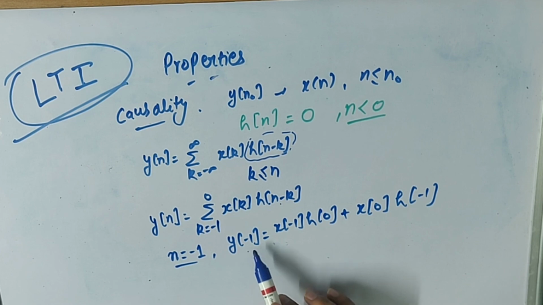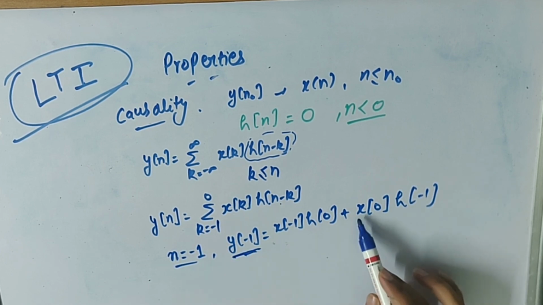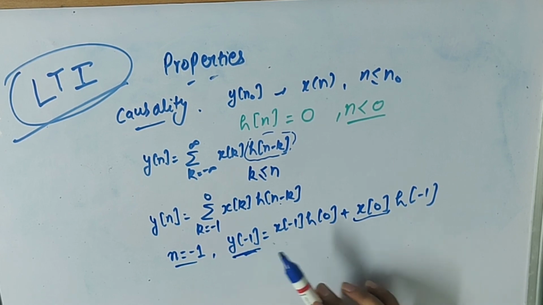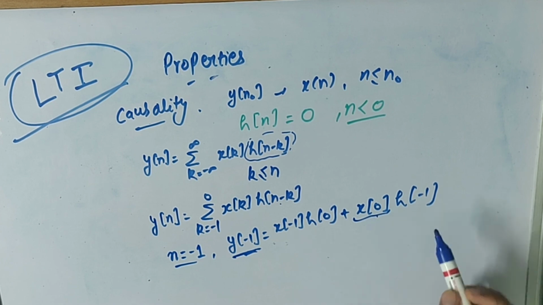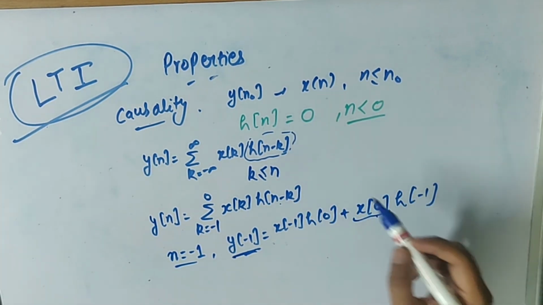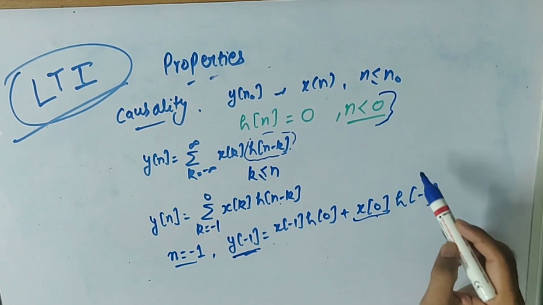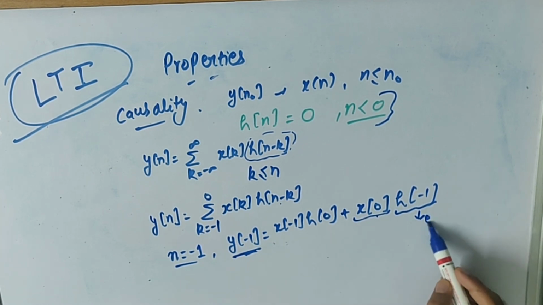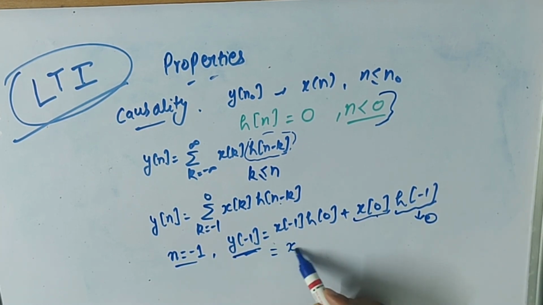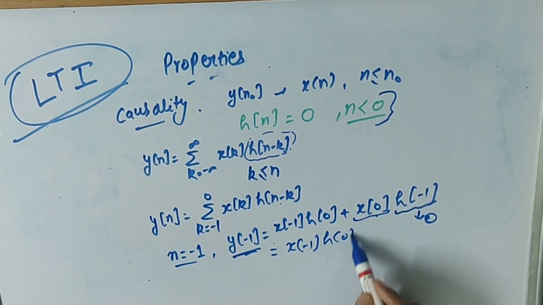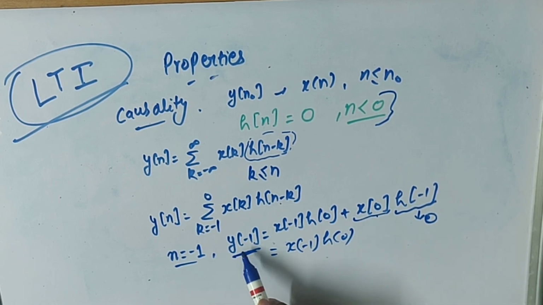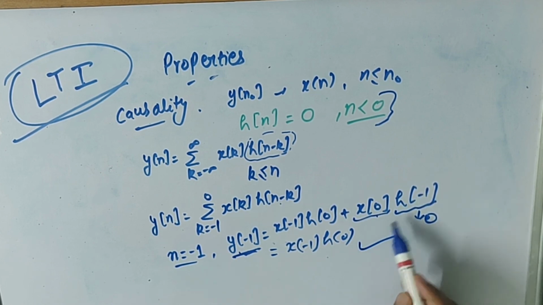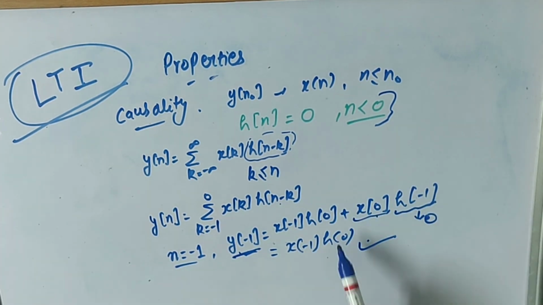For this particular equation, y[minus 1] depends on x[0], so y at n equals minus 1 depends on some future input. For the system to be causal, h[n] for n less than 0 must be 0. Then y[minus 1] will be equal to x[minus 1] times h[0], and in this way y[minus 1] does not depend on any future input. So this equation leads to the system being causal.